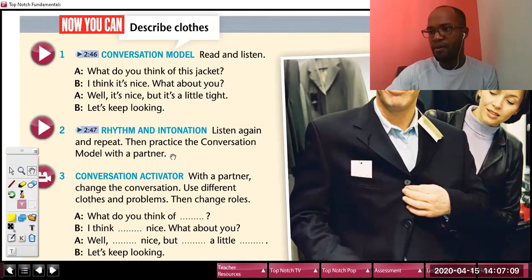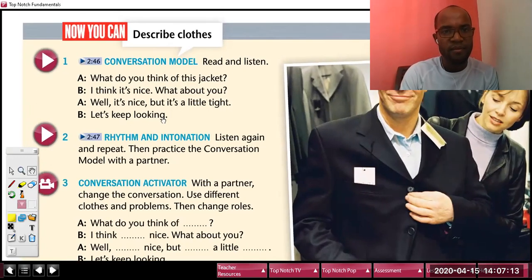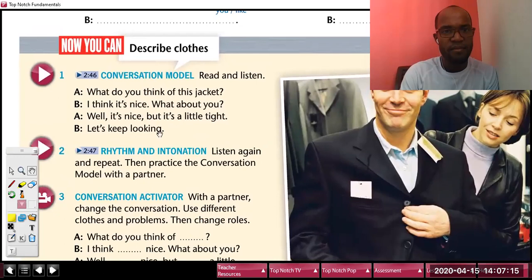All right, now you're going to listen and repeat. Page 49. Exercise 2. Rhythm and intonation. Listen again and repeat. Then practice the conversation model with a partner. What do you think of this jacket? I think it's nice.